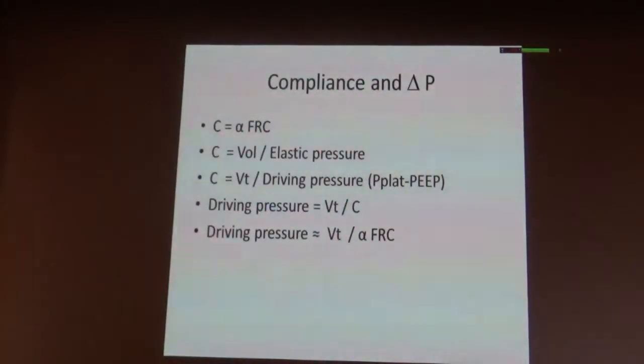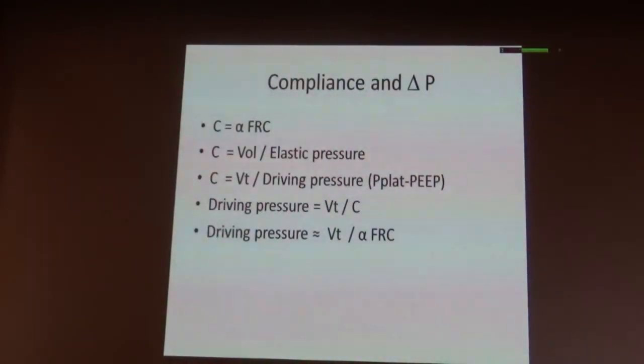Compliance is directly correlated to lung volume. The lower the lung volume, the lower the compliance. The lowest lung compliance you can find is in babies, and that's why we speak of baby lungs in adults. Compliance is volume divided by the elastic pressure, which is the driving pressure, plateau minus PEEP.